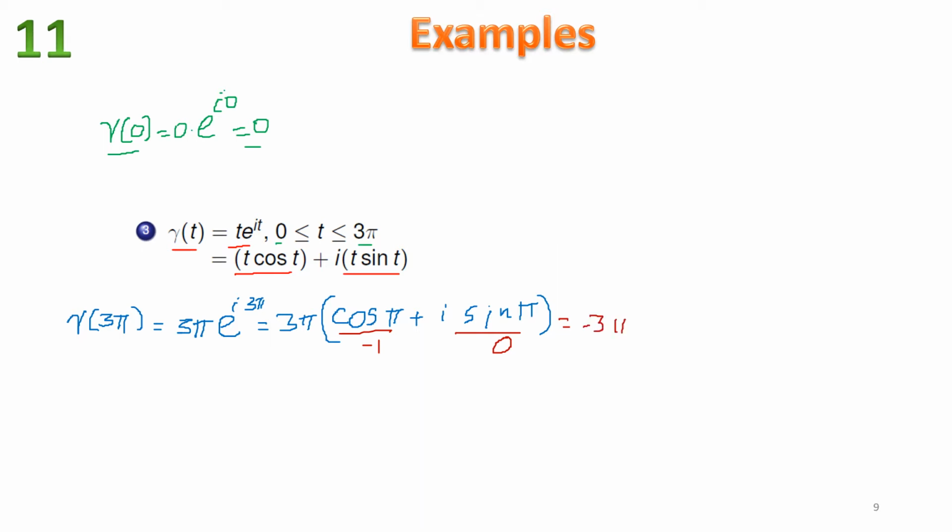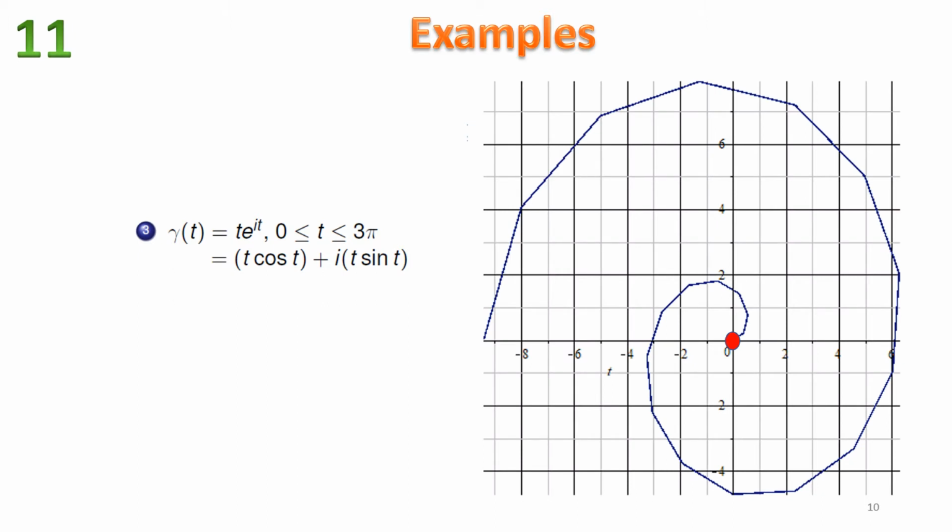So your initial point, which is 0, maps on 0 and 3 pi is mapping on -3 pi. So in between what is happening, we shall try to see. This is a plot I have developed in Maple, and here the initial point is mapping on itself, that is 0.